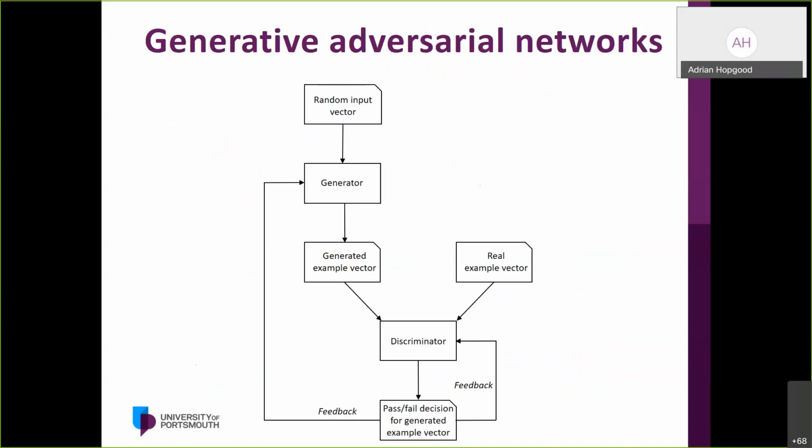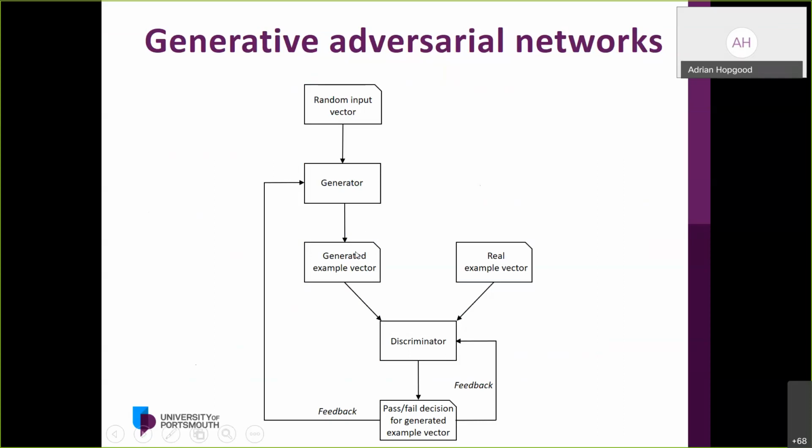A lot of interest at the moment in so-called GANs, that's generative adversarial networks. And the idea here is that you have two neural networks in competition with each other. You've got the generator and the discriminator. The generator is a bit like somebody who makes fake artwork, and the discriminator is a bit like the curator in a museum who's trying to make sure that they only accept the best genuine artwork. And they each effectively learn from each other.